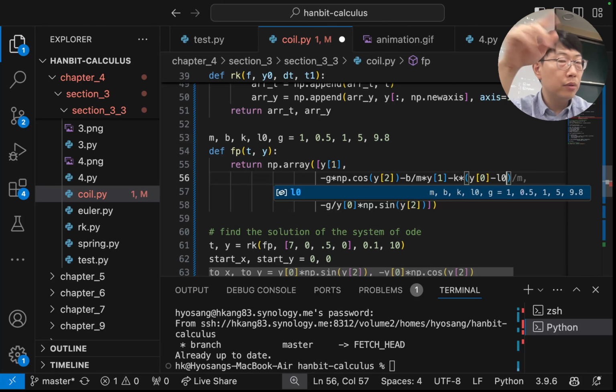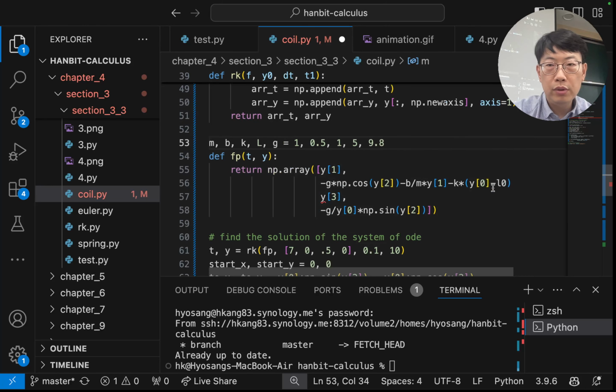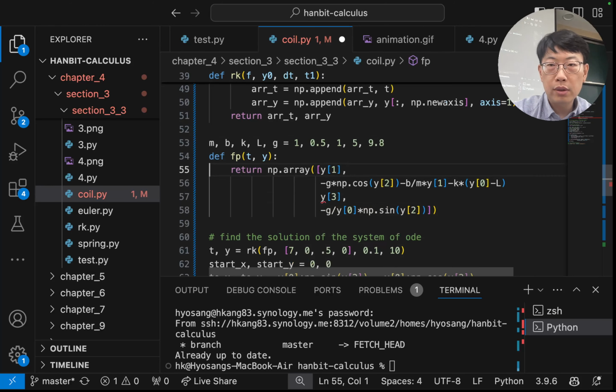L0, you can just put a large L so as not to confuse. That's the second one.